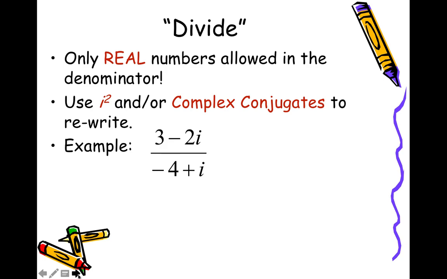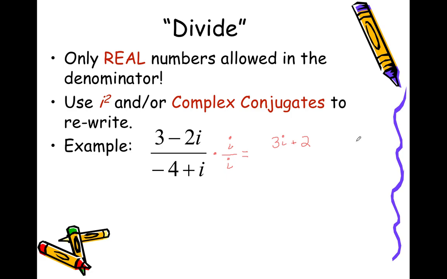But look at this. So while you're copying this down, I want you to not do what I'm going to do. And I'm going to use my same thought process. I'm going to multiply by 1, which is legal, right? But in this case, it's not useful. Do you know why? Again, who cares what happens to the numerator? How did I get plus 2? Oh, that's negative 2i squared, right?